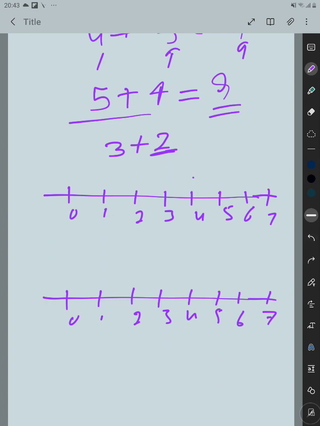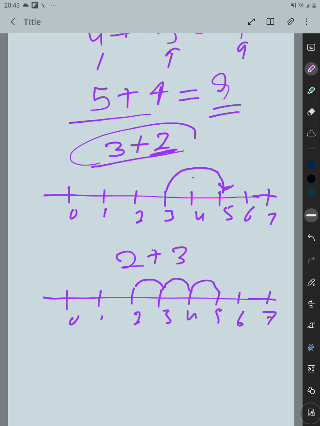Another way, we can also make it directly like this. And if we change the position of 3 plus 2, meaning 2 plus 3, we start with 2 and make 1 loop, 2 loop and 3 loop. So we are at 5 itself.